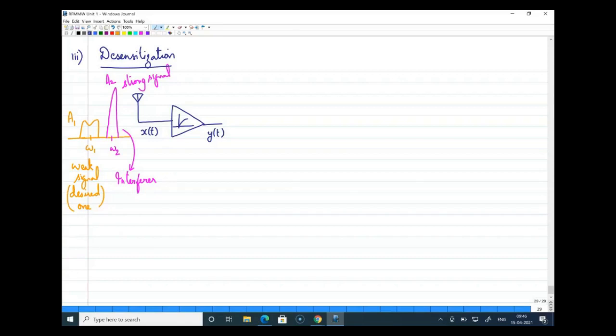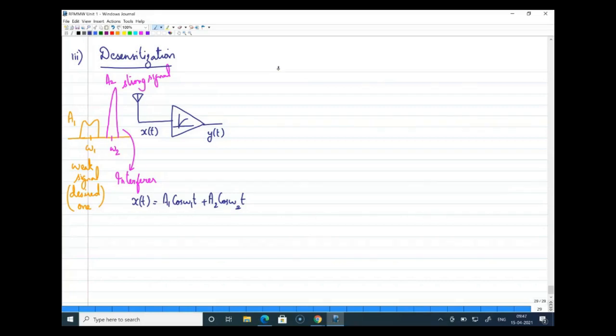Okay. Now if I write the total signal at the input, x of t, I can write it as A1 cos omega 1 t plus A2 cos omega 2 t, where A1 is the input amplitude, omega 1 is the frequency which is weak, A2 is the interferer amplitude, and omega 2 is the frequency at which it appears, right?